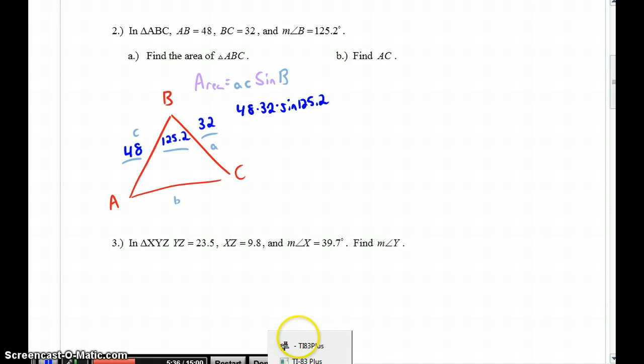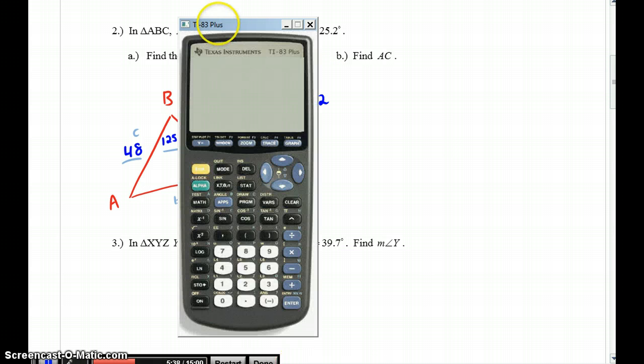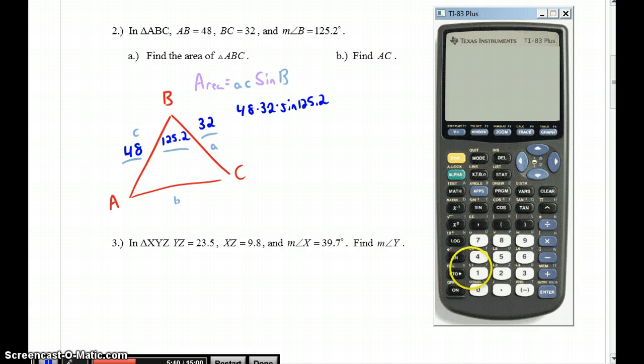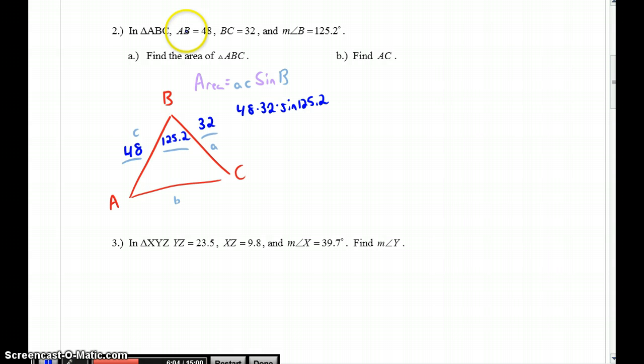If we go into the calculator, 48 times 32 times sine of the angle 125.2. We get the area of triangle ABC is 1255.13.